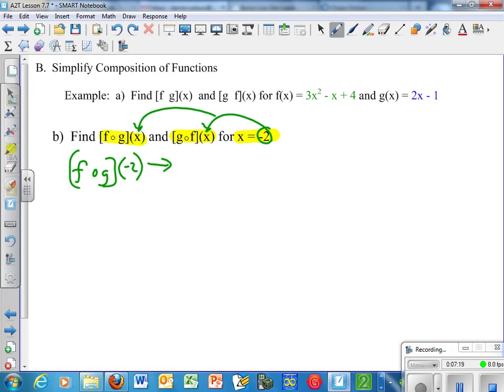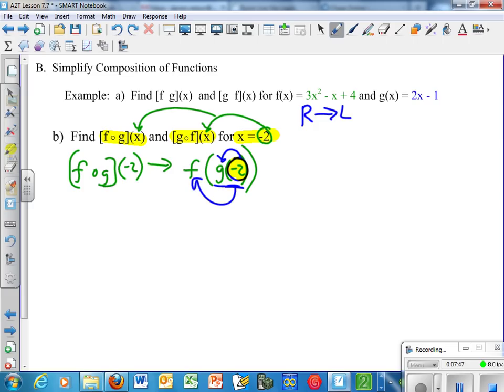That really means f of g of negative 2. When they give you a value, you want to work right to left again. When this is a number, that means I want to plug negative 2 into g, and then whatever that outputs, I want to plug that into f.